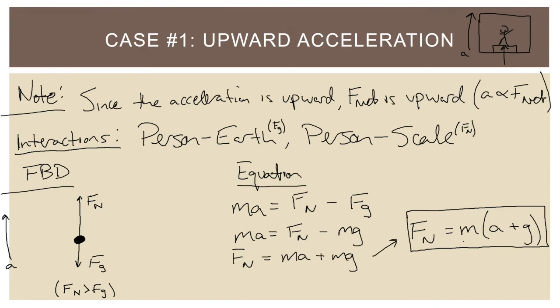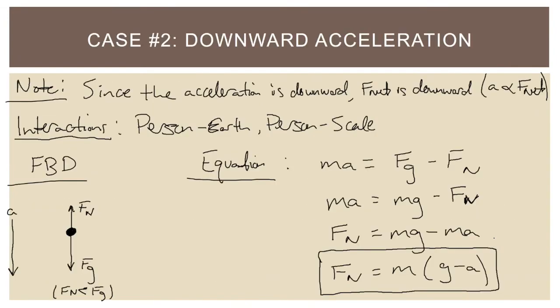Because the weight is mg. And in this case, we're adding something to g and then multiplying it by the mass, which of course is going to make the normal force bigger. And just the opposite over here, because the weight is equal to mg, and now before we actually do the calculation, we subtract a from g before we multiply it by the mass, then we're going to get a normal force that's smaller.